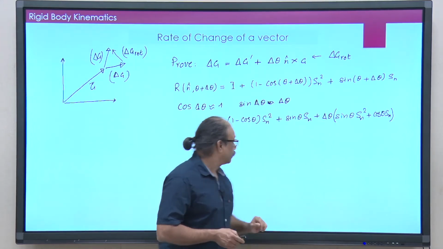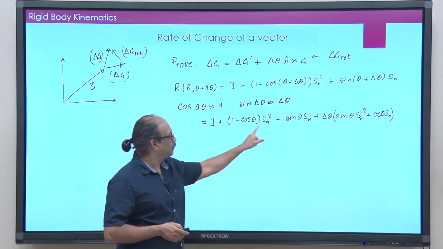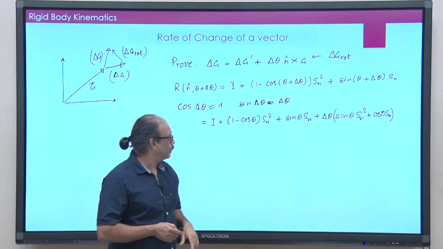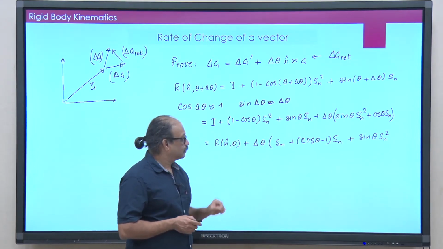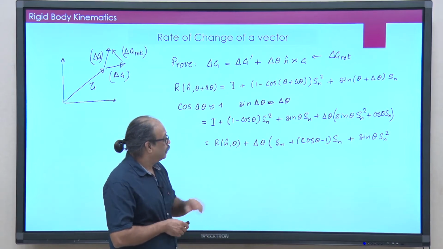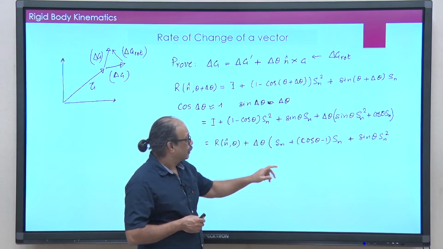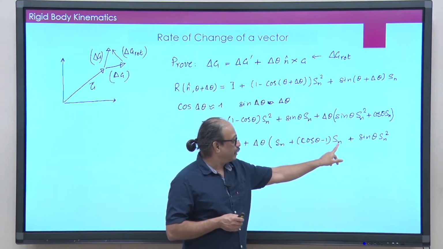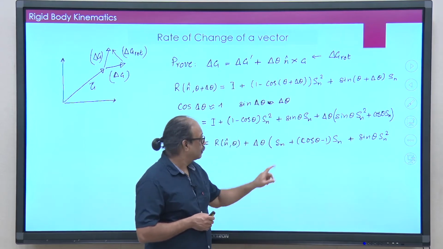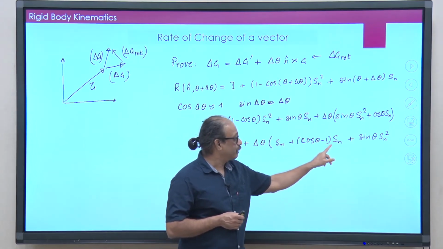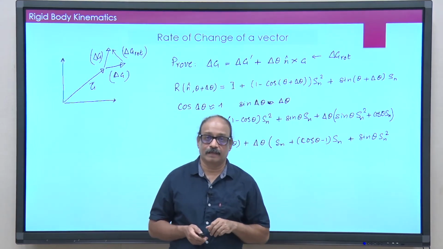The reason for writing it like this is very clear. Can you identify this? It is nothing but R n cap theta, and plus, now let me rewrite this. In this part, all I have done is I have added one Sn and subtracted one Sn. So, you get Sn plus cos theta minus 1 times Sn plus sin theta times Sn square.